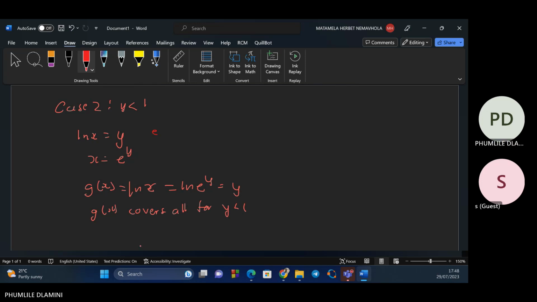Therefore, based on case 1 and case 2, g of x is also surjective.